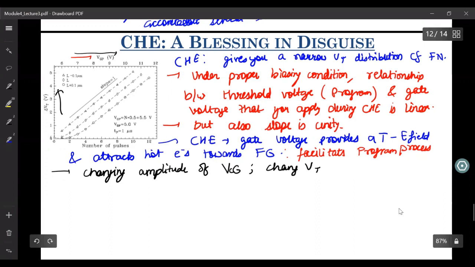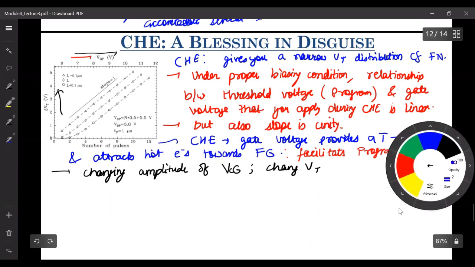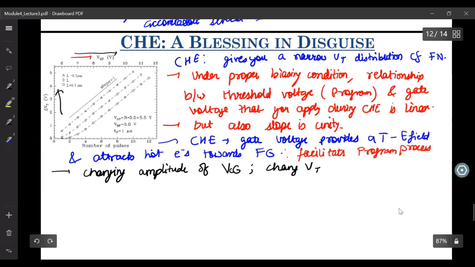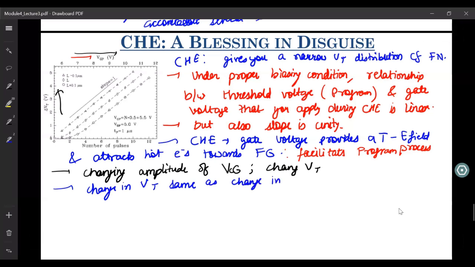So you can see that as the amplitude of the control gate voltage changes, it changes your threshold voltage as well, and the change in the threshold voltage is almost the same as the change in your applied control gate voltage.